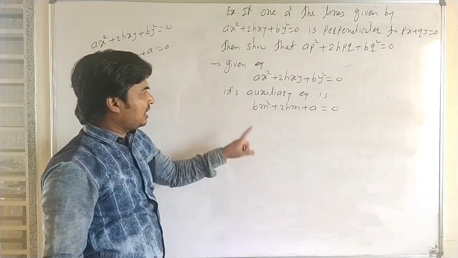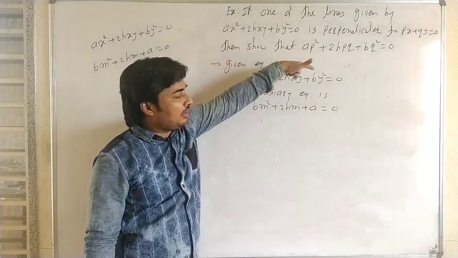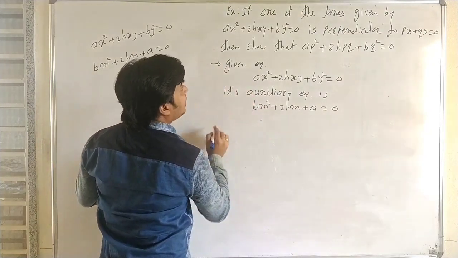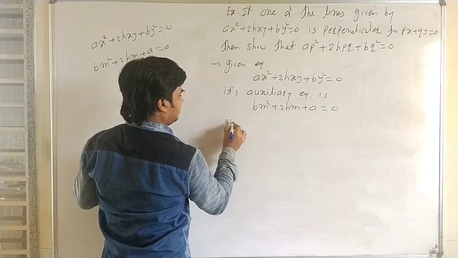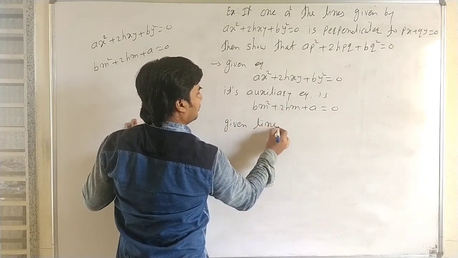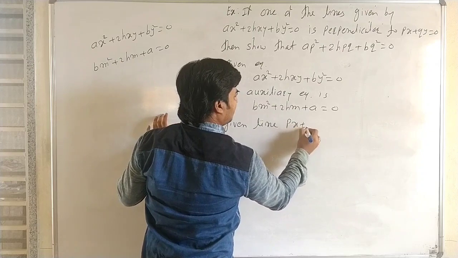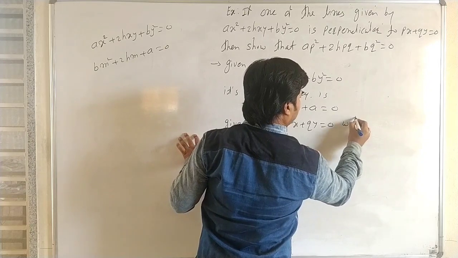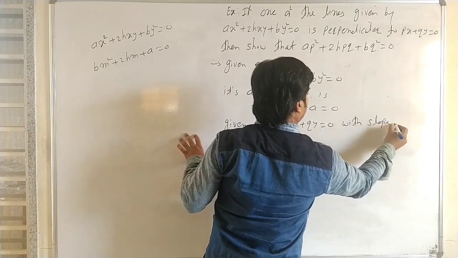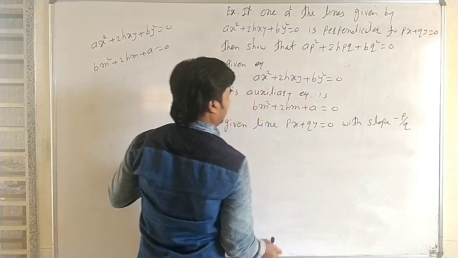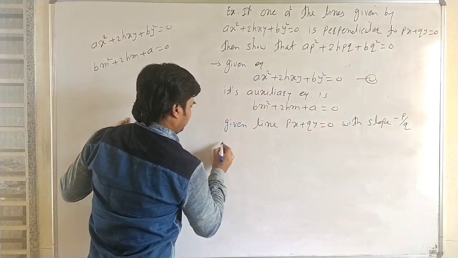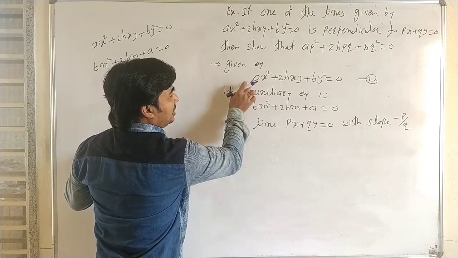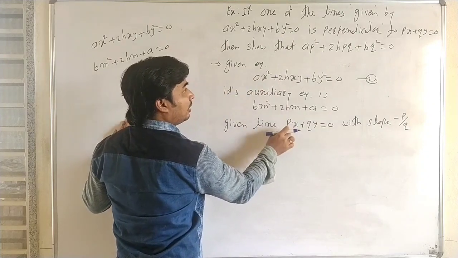This auxiliary equation is satisfied by the slope of a line represented by the second degree homogeneous equation, and these lines pass through the origin. Now, the given line px plus qy is equal to 0 has slope minus p by q. Call it equation number 1.